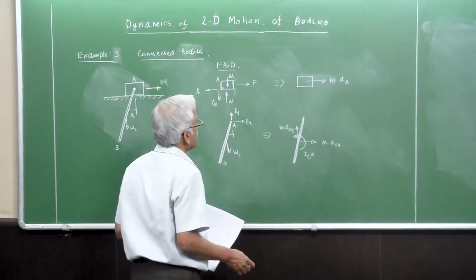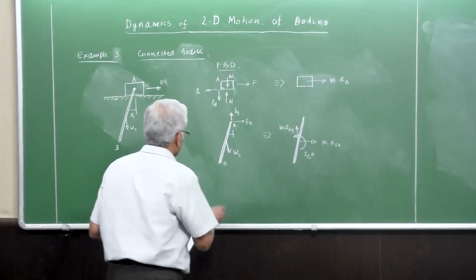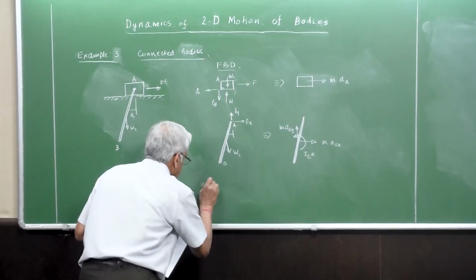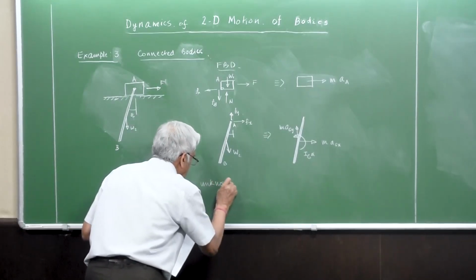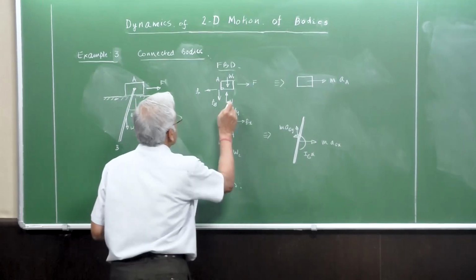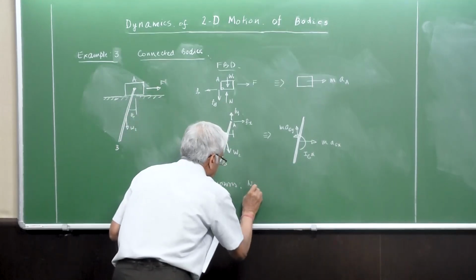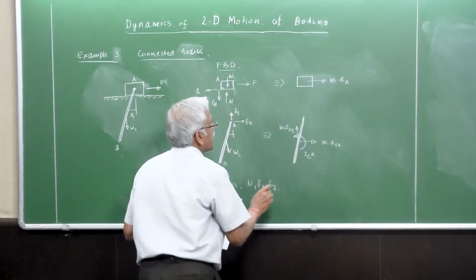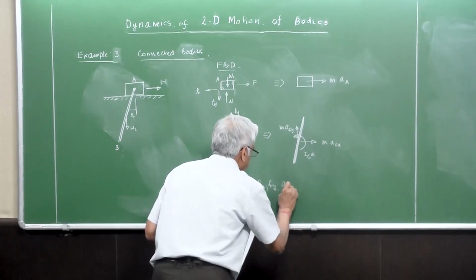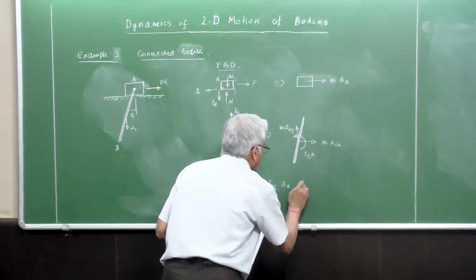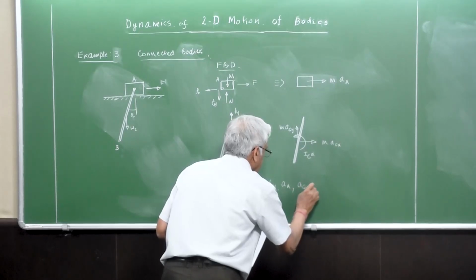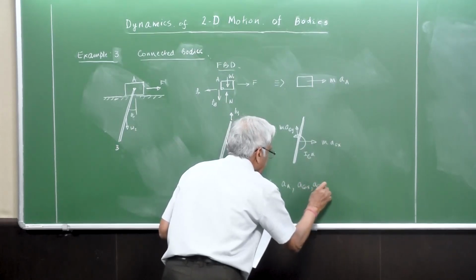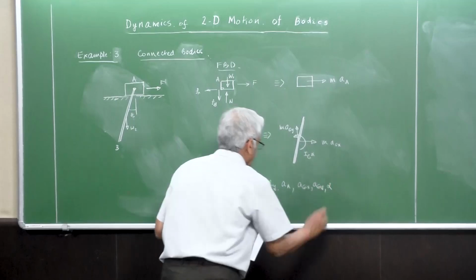So if you look at the number of unknowns to be solved, what is that? N here, Fx, Fy, and acceleration of A and agx, agy, and alpha.